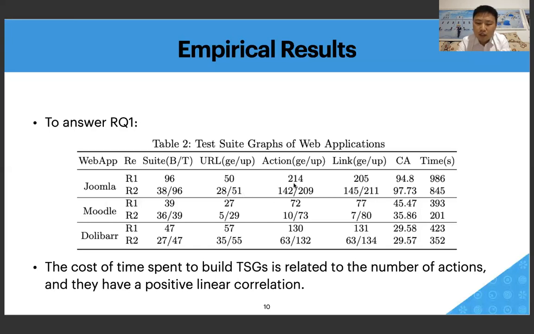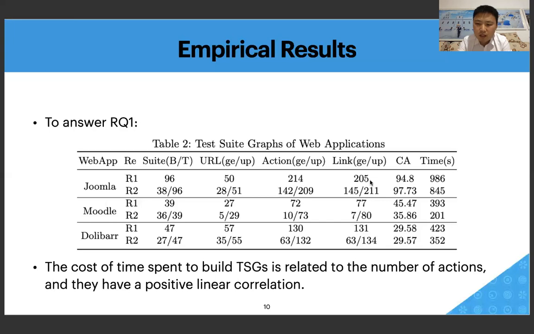And for the actions, for R1, we can generate 204 actions. And for R2, because of the breakage, we cannot get all the actions. And during the update process, we can generate all the actions.